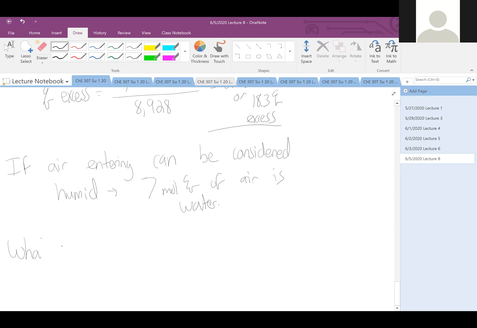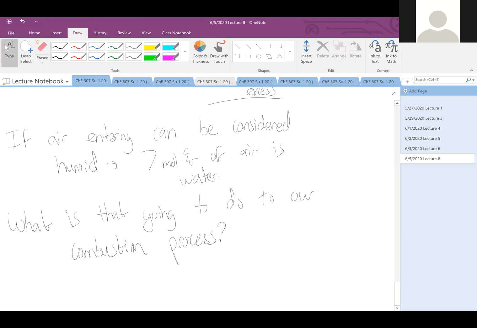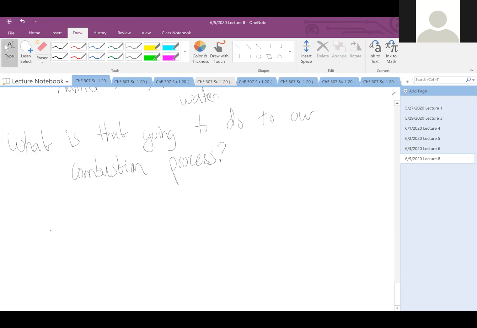What is that going to do? I'm just asking qualitatively, to our combustion process. So now we're looking at that same 8,929 moles of air, but now 7% is water.